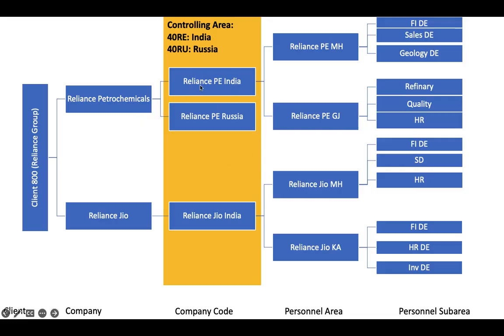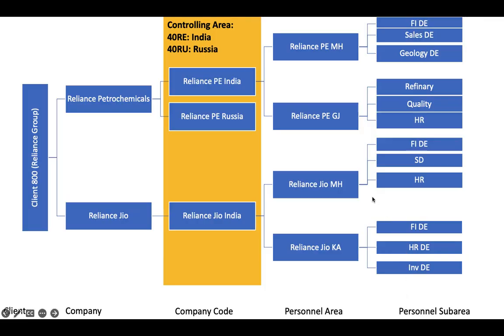Within India, I'm again categorizing by states like Maharashtra, Karnataka, Gujarat, which is nothing but the personal area. Within those personal areas, I'm creating the different departments. Reliance Jio Karnataka has finance, human resource, and inventory departments.